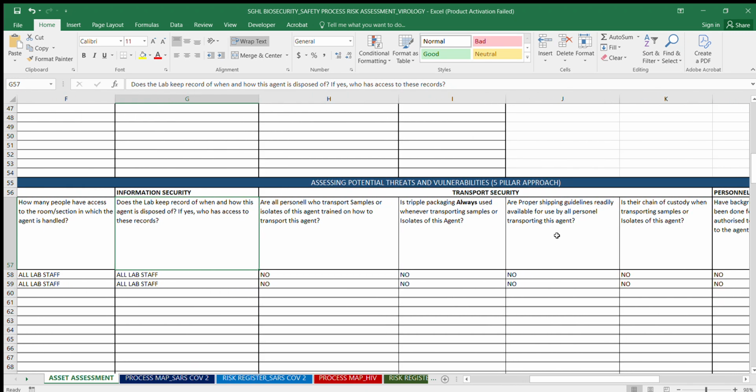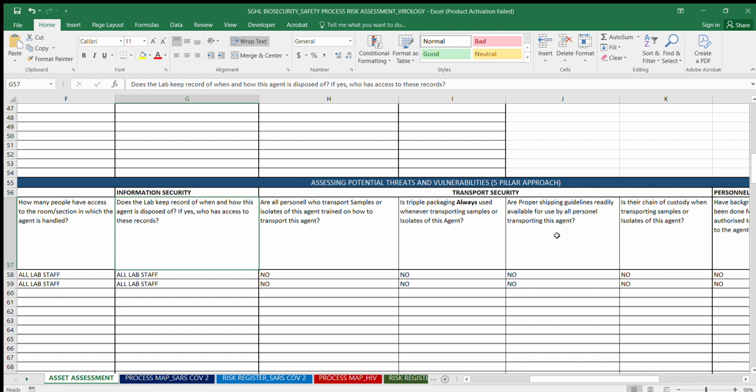So we go to transport security. Under transport security, mostly what we're looking at is when you're transporting the samples, maybe from one facility to another or within the facility, are there any gaps where the samples may be misused, stolen, or diverted?